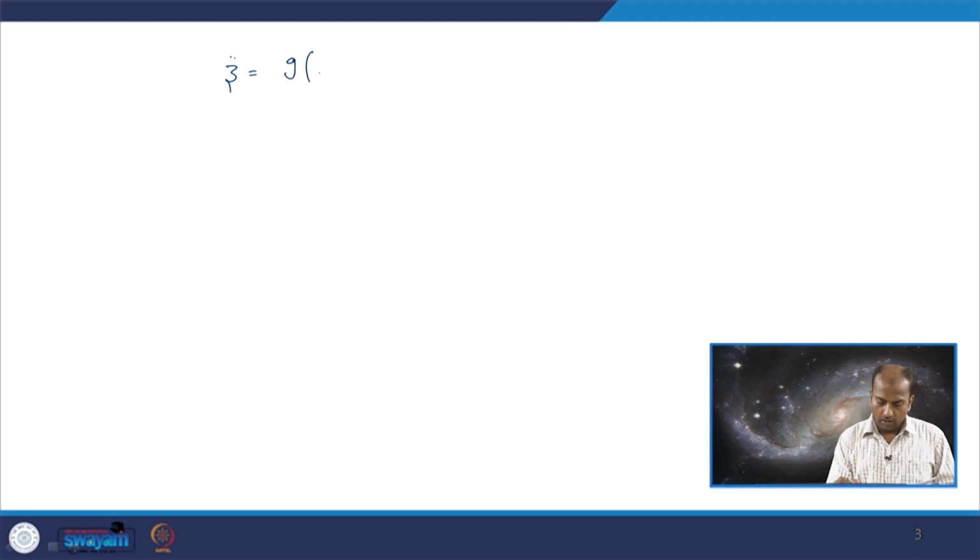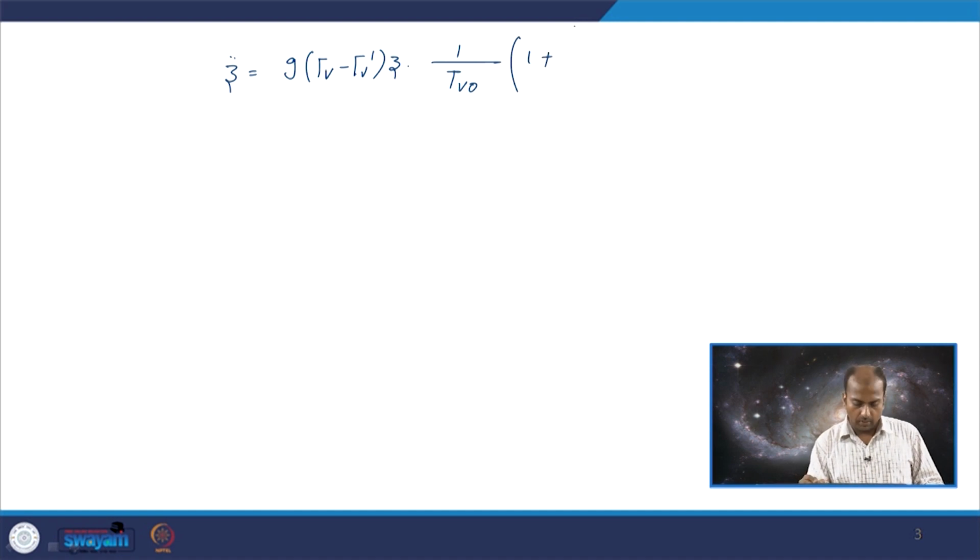Using E in 2, we will write Z double dot equals G times (gamma V minus gamma V prime) times Z into 1 by T V0 times (1 plus gamma V Z divided by T V0). So, you have to multiply this with this.